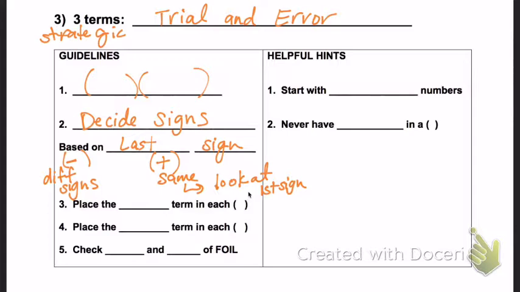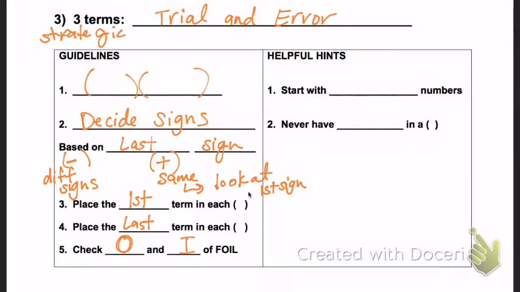Step number 3, place the first term in each parentheses. Step number 4, place the last term in each parentheses. And then an easy way to check is you check the outer and the inner in FOIL. I'll show you here in a minute.